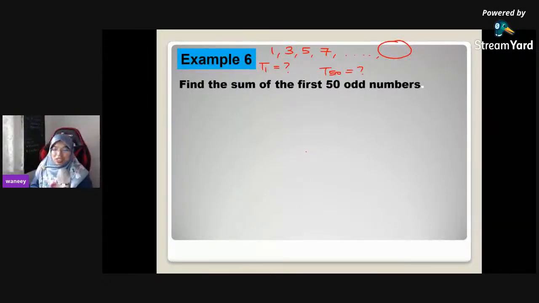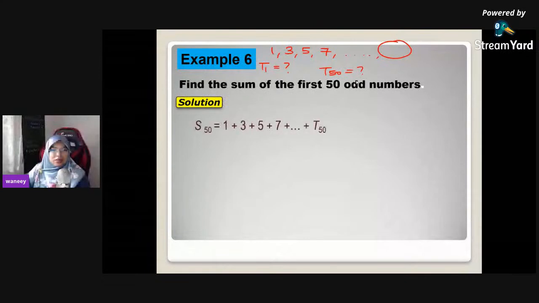Okay, so how do we check what is the last term? If you don't know what T50 is, that means we have to calculate first. So find out what your first term is and what the common difference is, and then let us substitute into T50 to know what the 50th term is. So now a is equal to 1, d, the common difference, is 2.